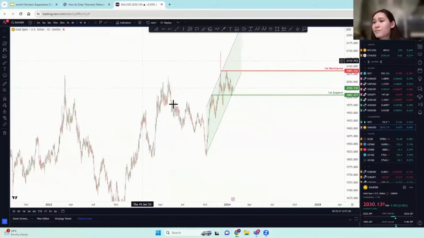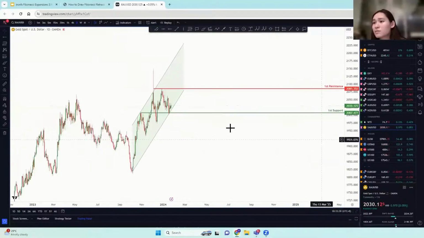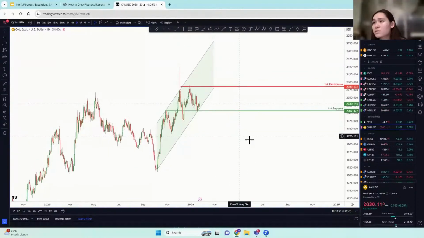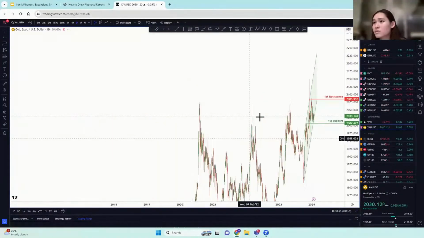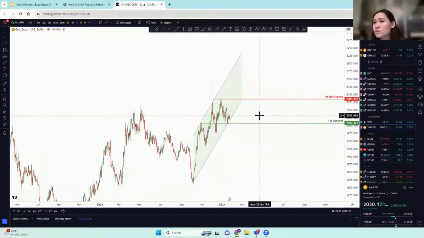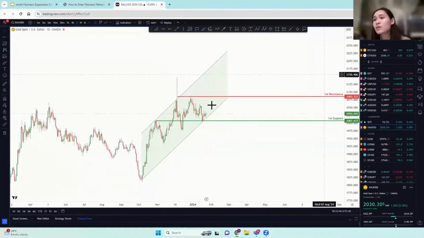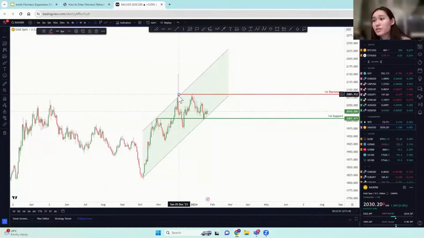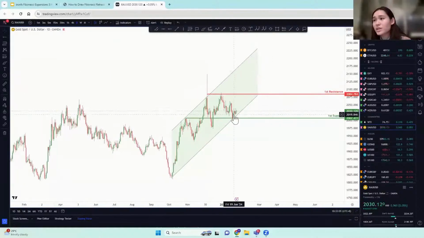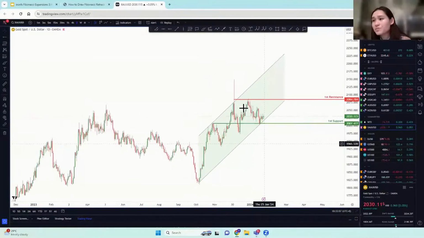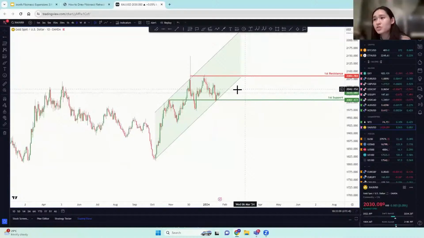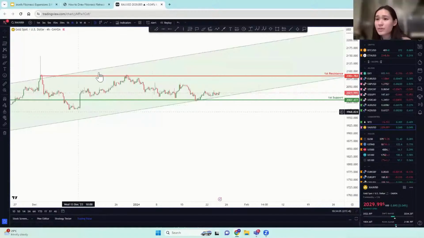Okay, so typically we will follow trend and we can see that price is bouncing off of the trend channel. So following that trend, we are expecting it to hit towards our first resistance. Let's look at our 4-hour time frame now.